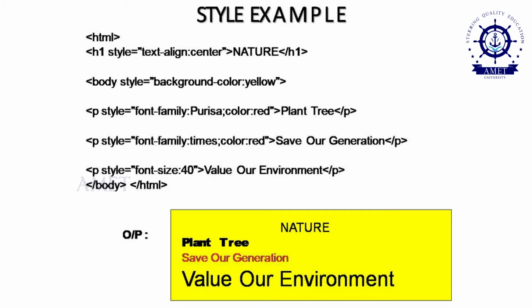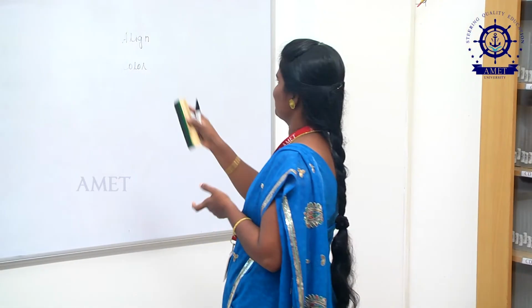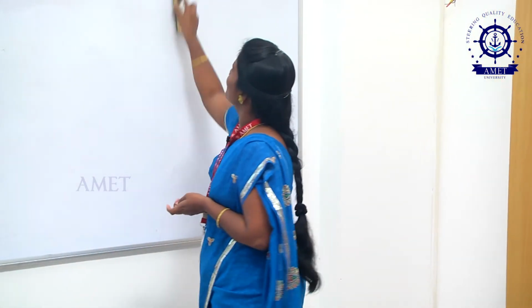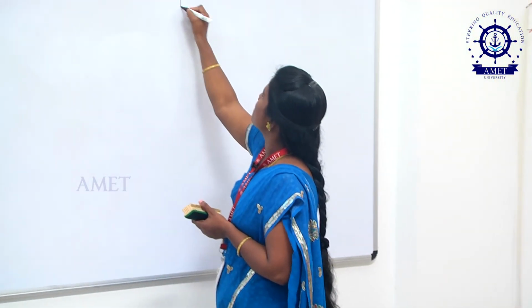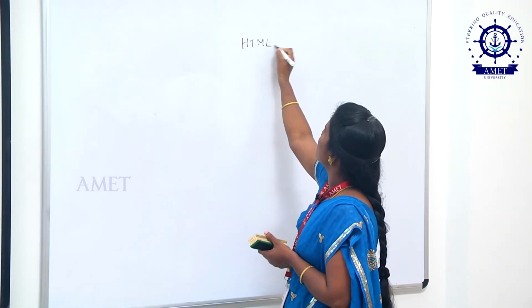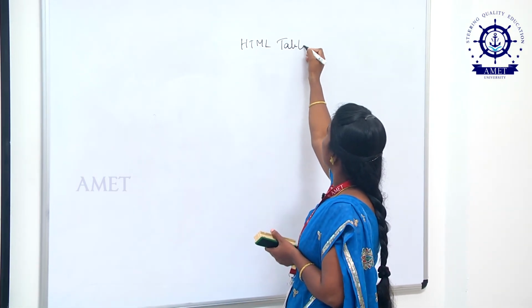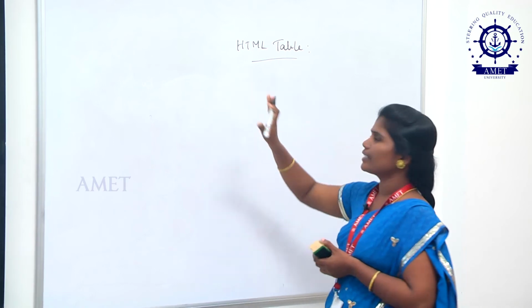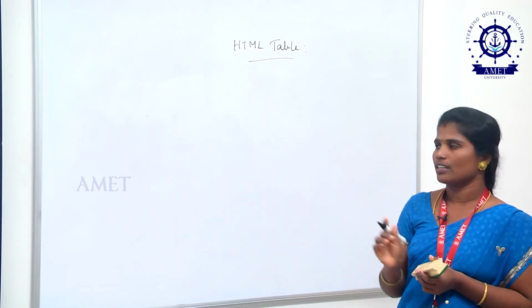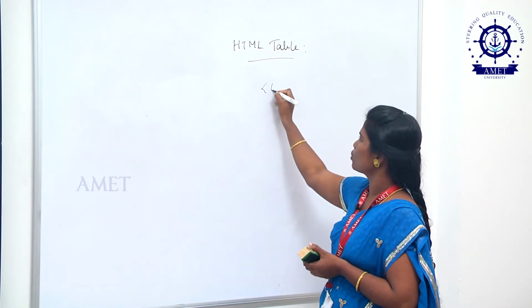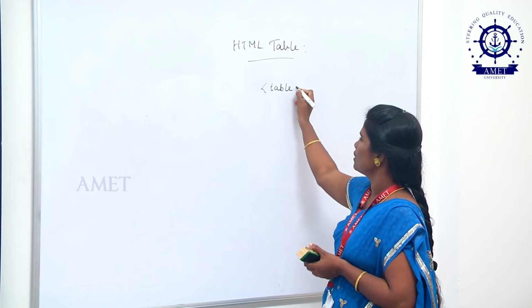Next we are going to see how to create a table in HTML. If you want to create a table in HTML, use a tag called table. Just open a table tag.